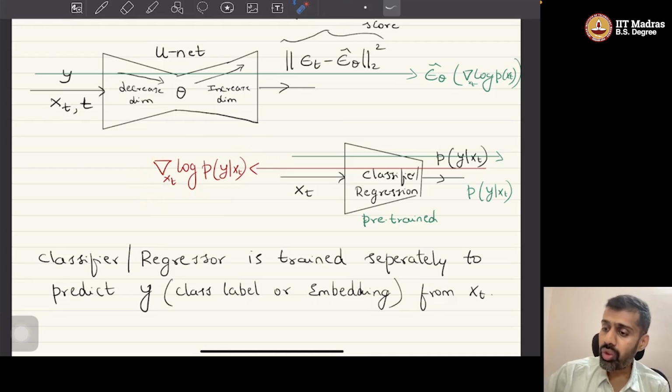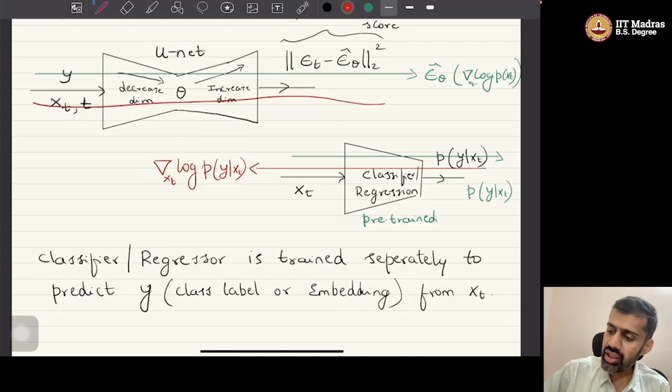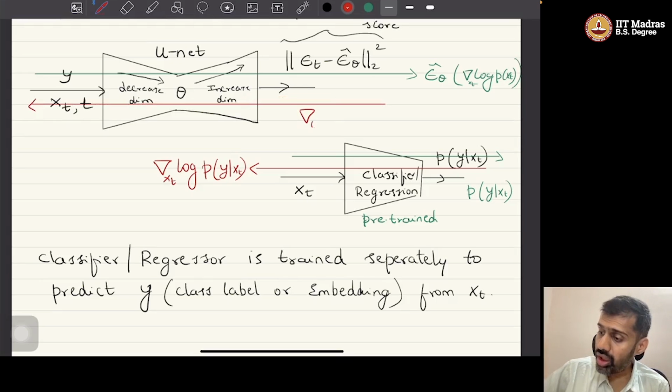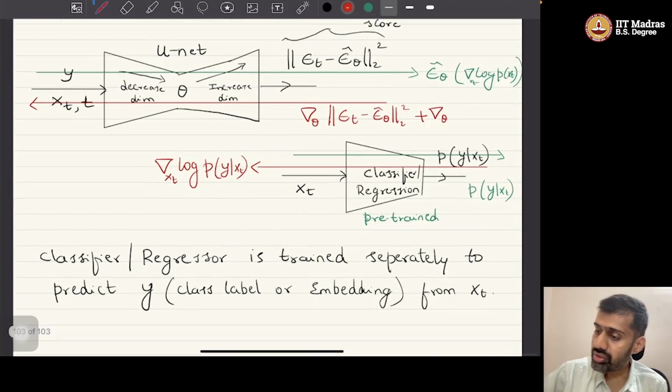Now, when we are doing a backward pass through the unit that we are training, what we should do is take the gradient of the loss with respect to theta of this particular term, which is the unconditional score, and we also simply add this gradient as well.